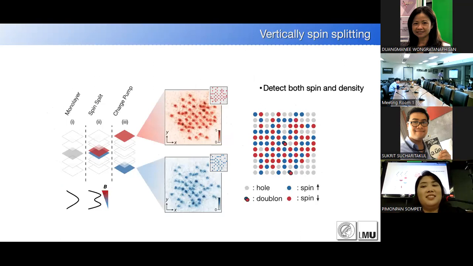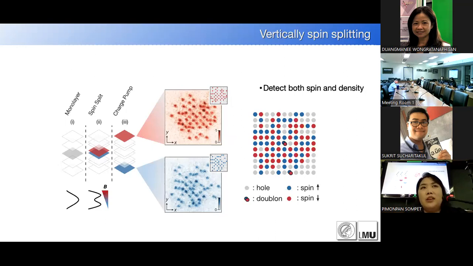What is the double here? Okay, double is just the name we call the quasi-particle of two atoms in the same site.